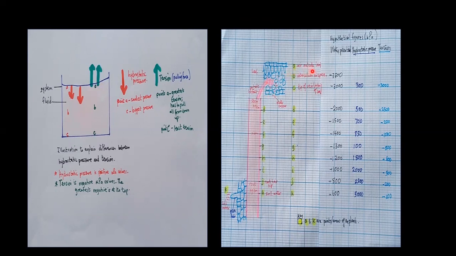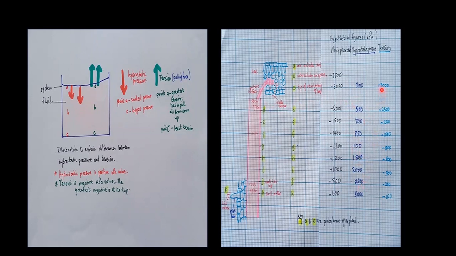And so the water potential at the top is low, very low, and very, very negative. As you go down the tree, the water potential becomes high and less negative. Meanwhile, hydrostatic pressure is low at the top, and as you go down, it increases and is positive.